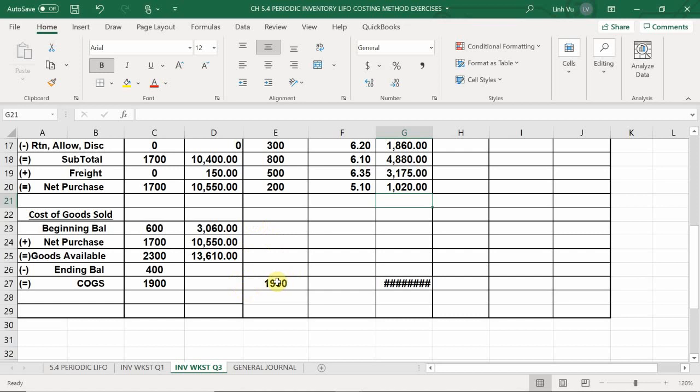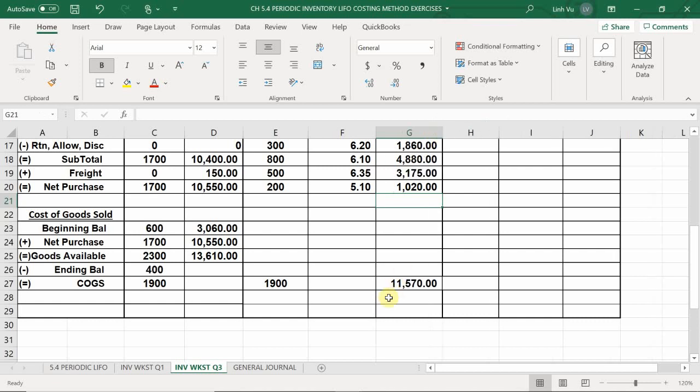And here we solved for selling a total of 1,900 items. Gave me a grand total of 11,570.